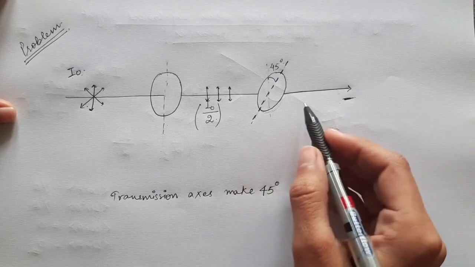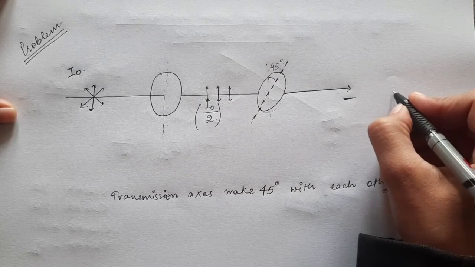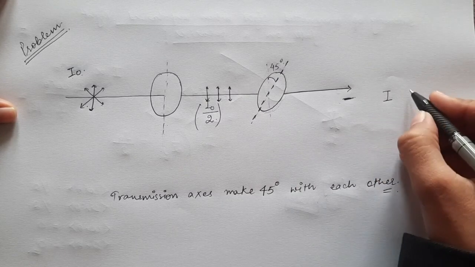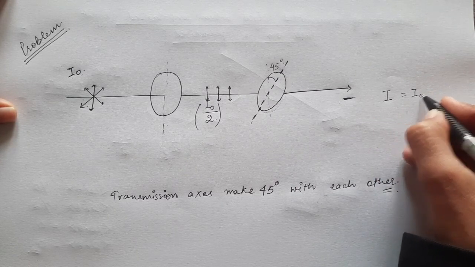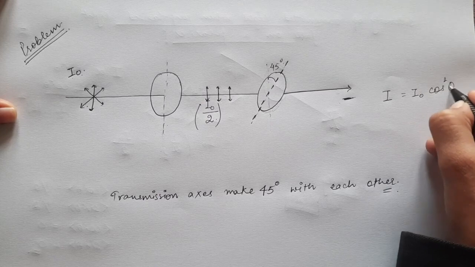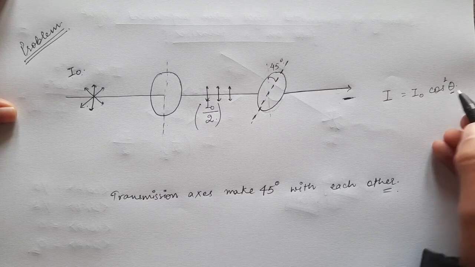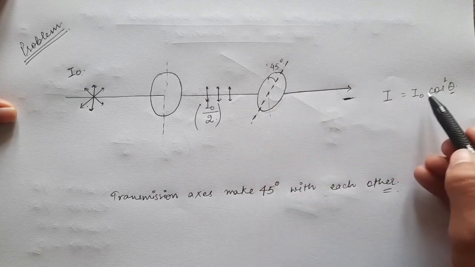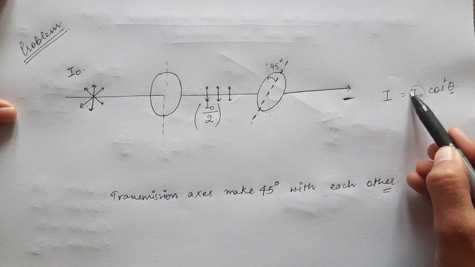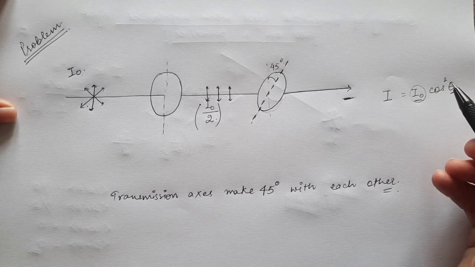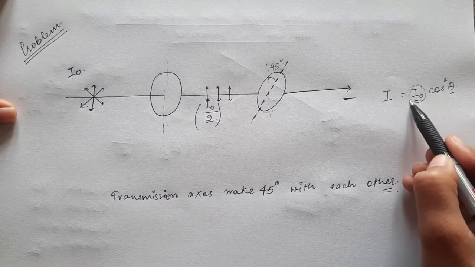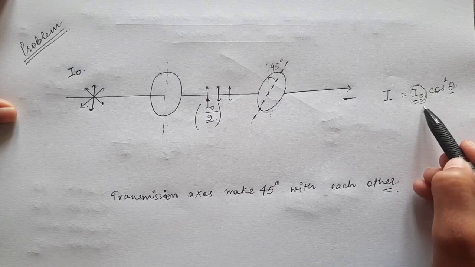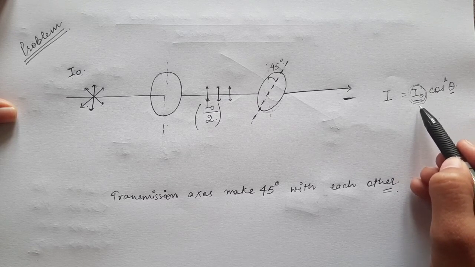So we will use Malus law over here. Now Malus law states that intensity of the transmitted light is equal to I0 into cos square theta. Theta is given as 45 degrees. And I0 was the maximum intensity of the light that can pass through.